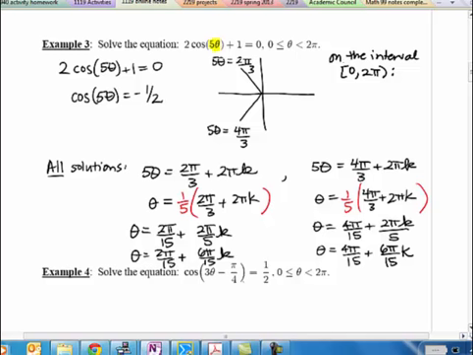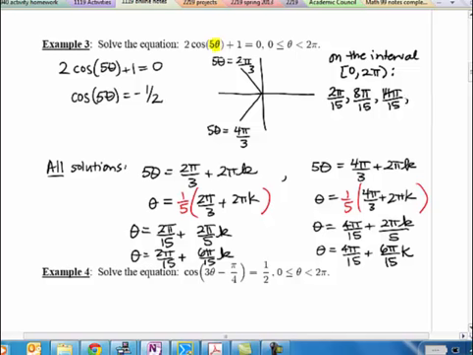So we've got 2 pi over 15 would be certainly one of them. And then we want to add as many multiples of 6 pi over 15 to that as we can. So if we add 1, we'll be at 8 pi over 15. If we add another 6 pi over 15, we'll be at 14 pi over 15.